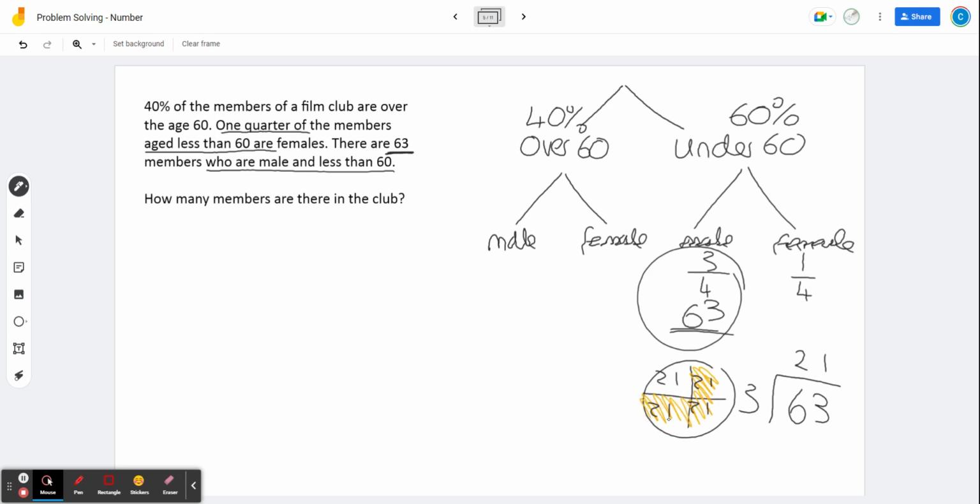So this whole is 21 times by 4, which is 84. So there are 84 male members under 60, and 1/4 was 21. That tells me that the under 60s add up to 105 people.